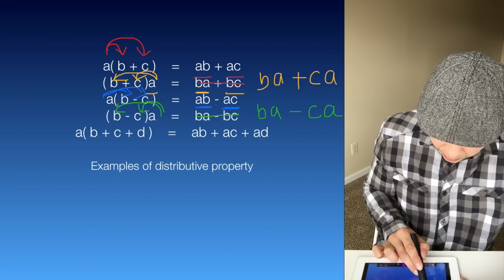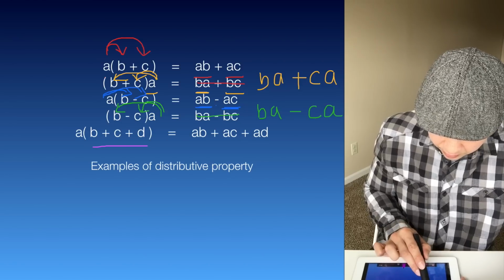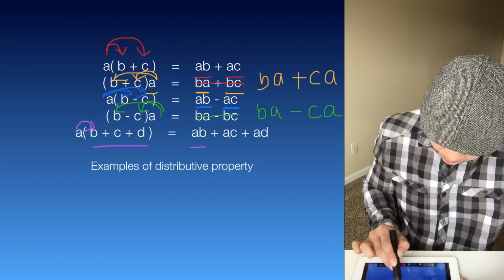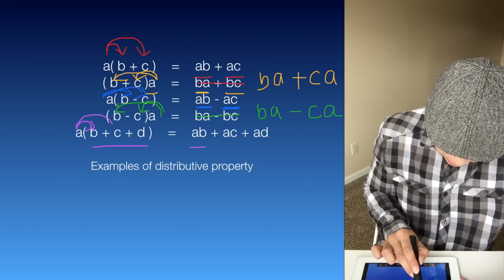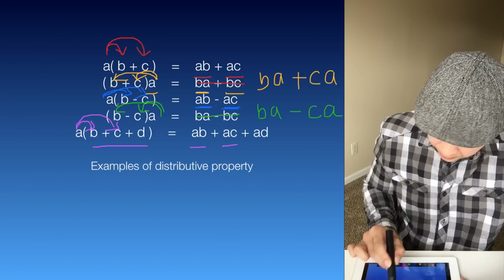So now here we have b plus c plus d times a. So when we distribute a to b, we have a times b. When we distribute a to c, we have plus ac.